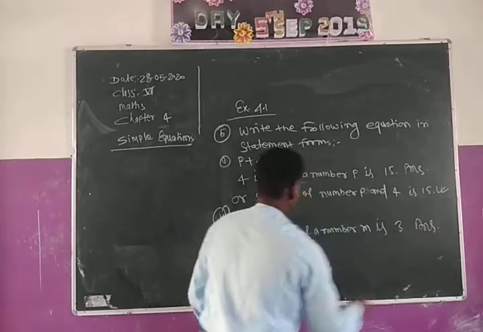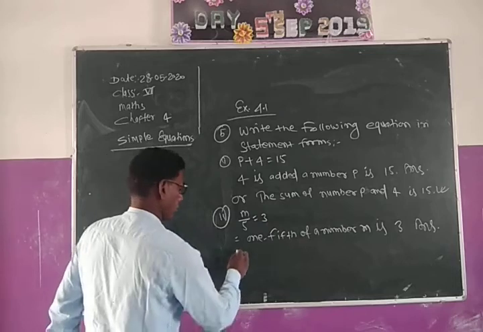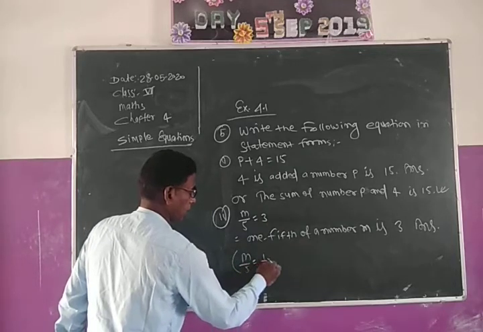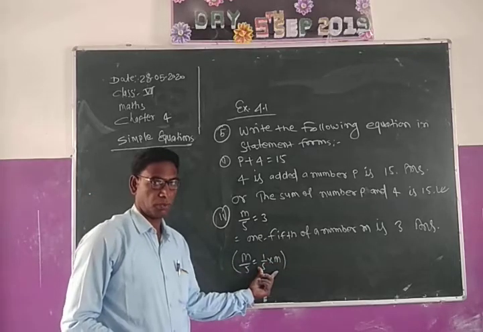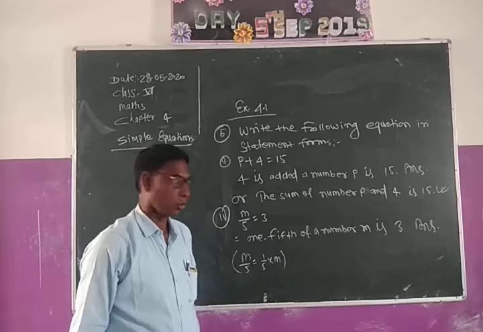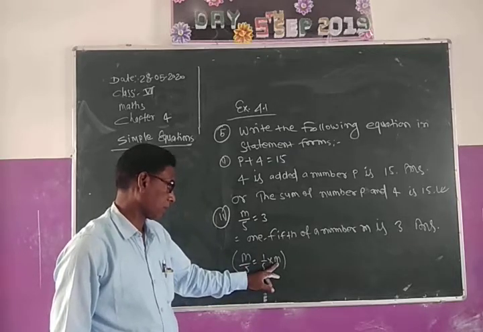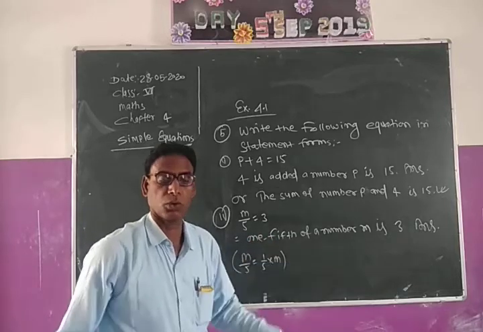Answer. Here we see that m by 5 is equal to 1 by 5 into m. You can write m by 5 as 1 by 5 into m. So 1 by 5th of a number m is equal to 3. It is your language and it is your answer.